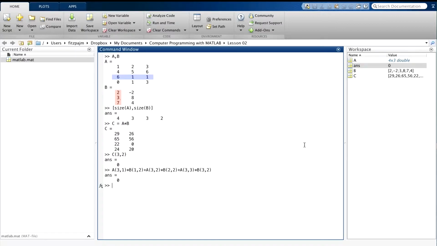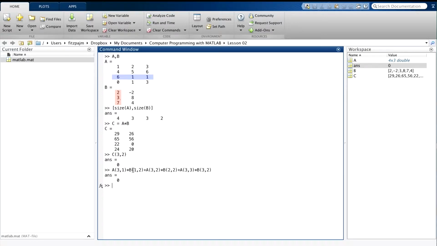Now let's look at that expression. Note that the row index stays the same for A, so 3, 3, 3. And the column index stays the same for B, so it's 2, 2, and 2. But the inner index, this 1 and this 1, is the inner index of these 4.